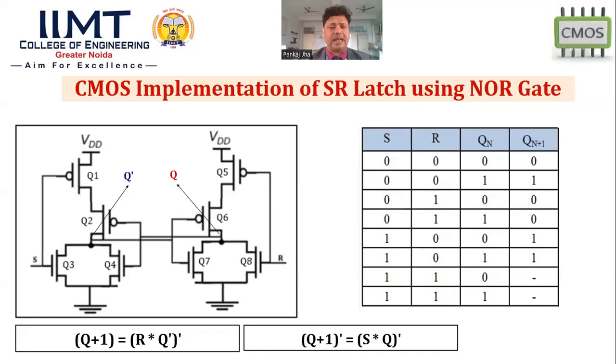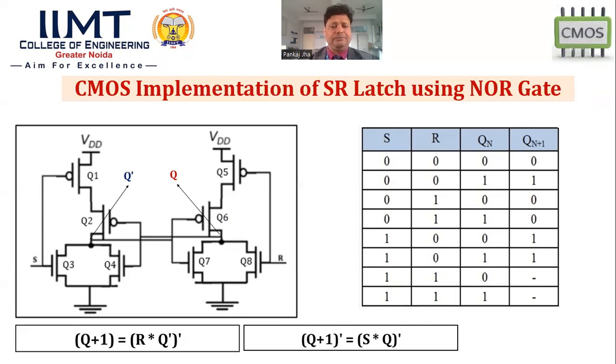Since we know that NMOS and PMOS logic are dual in nature, when any network is connected in series in NMOS logic, it will be parallel in PMOS logic. Similarly, if we are performing a parallel operation in NMOS logic, then in PMOS design it will be a series operation. Okay, I think it is clear now.